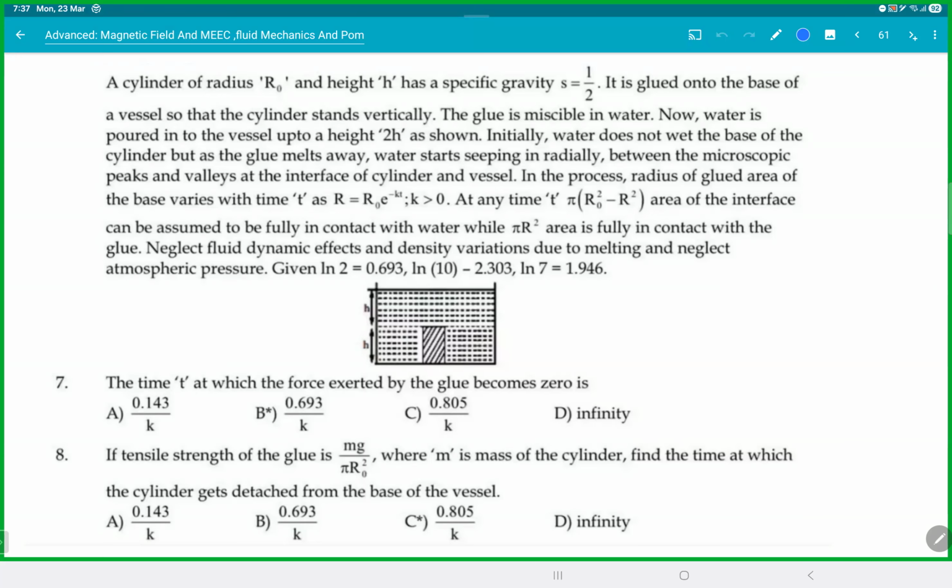Always start with an intermediate position. Let the time be t. Just get the FBD. If you got that, you're done.